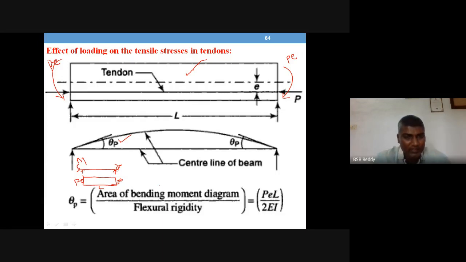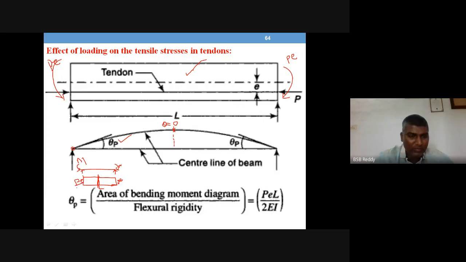What I'm choosing here is the midpoint of the beam where the slope is 0, because if you draw the tangent here, it will be a horizontal line. So theta is 0 at the midpoint because of symmetry. The point A here has a slope of theta P. So I have chosen 2 points, the midpoint and the support point. Between these 2 points, our M by EI diagram is half of the rectangle.